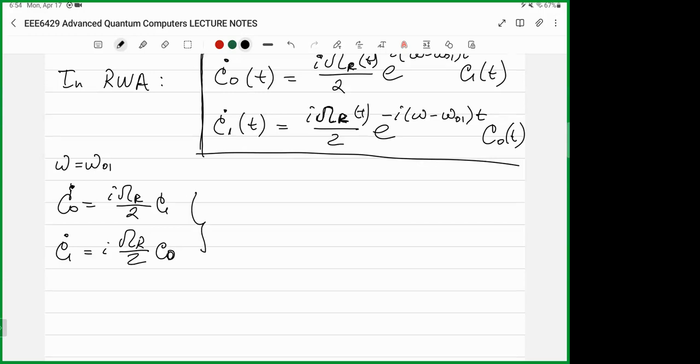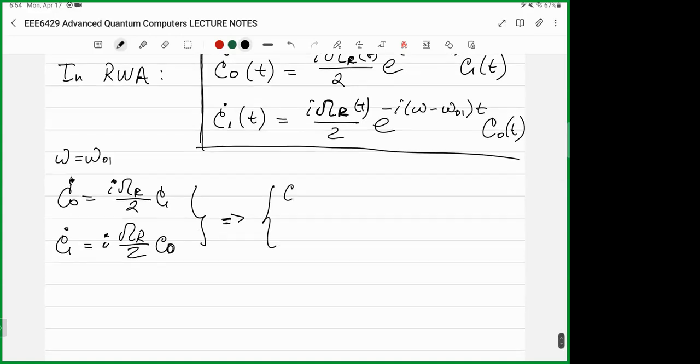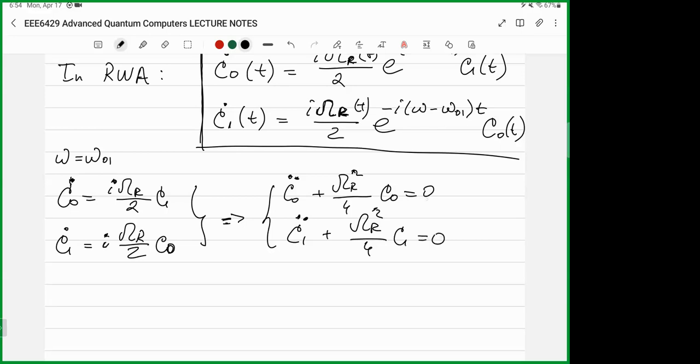Very simple two equations. And now if I take the time derivative of both and then plug the second one into the first one and vice versa, I'll get a very simple result. So it will be C sub 0 double dot plus omega_R squared over 4 C sub 0 equal to 0, and the second one in the same way, omega_R squared over 4 C sub 1 equal to 0.